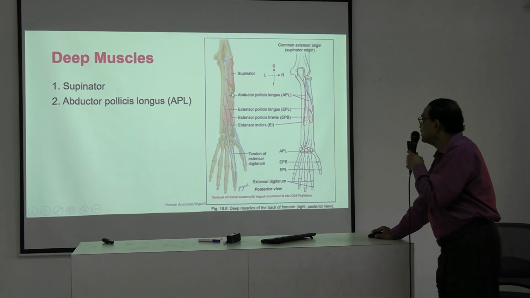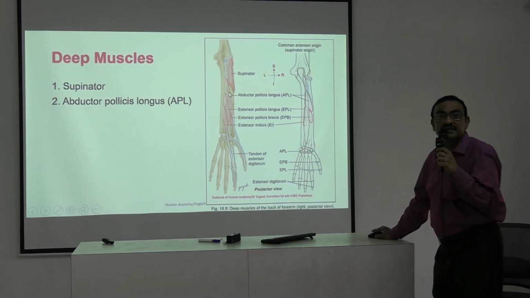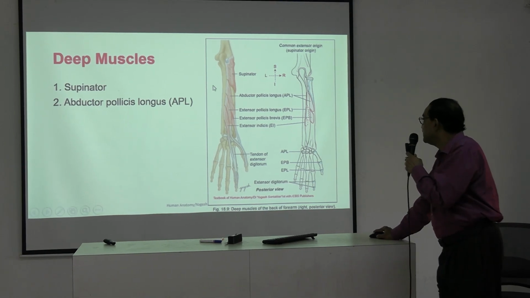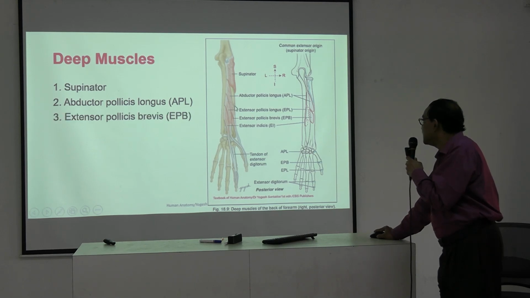If we retract the superficial extensors, we can find these muscles. These are the deep extensor muscles. You can see this muscle and this muscle tendon moves hand in hand.